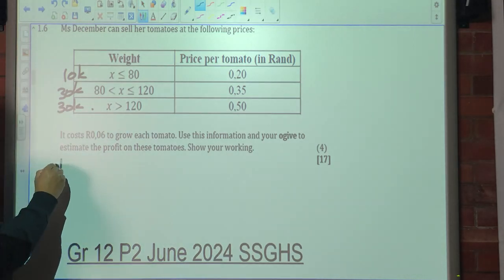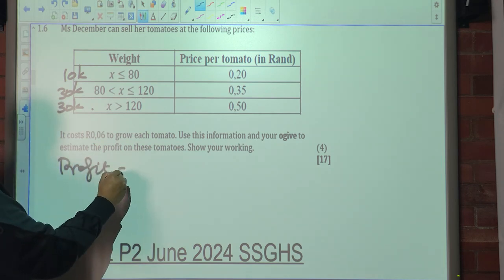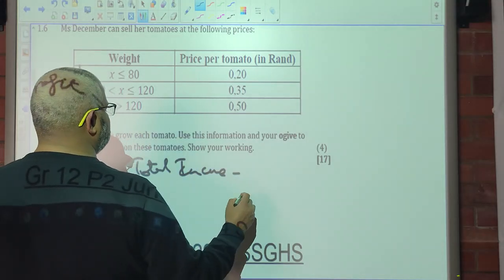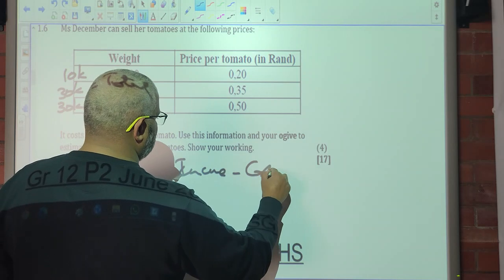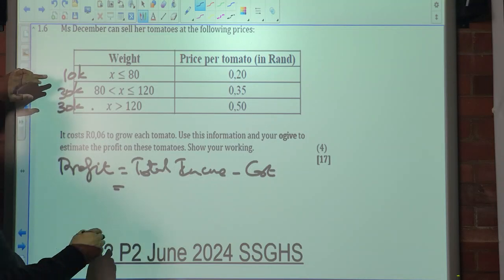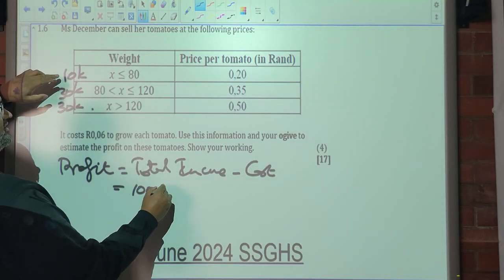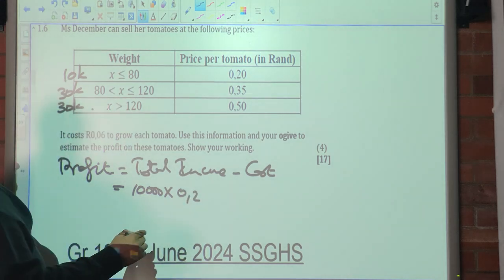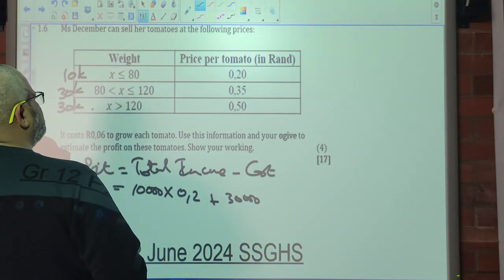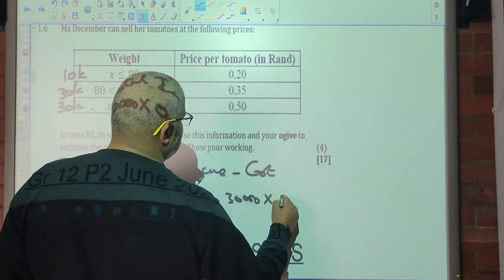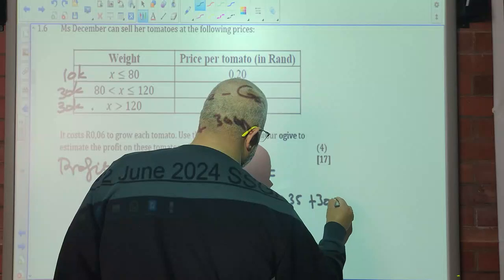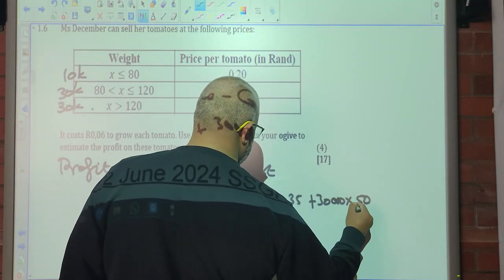So to calculate the profit, your profit is simply going to be your total income minus your cost, or your total expenses. The total income here is 10,000 tomatoes sold at 20 cents each, plus 30,000 tomatoes sold at 35 cents each, and then 30,000 tomatoes selling at 50 cents each.